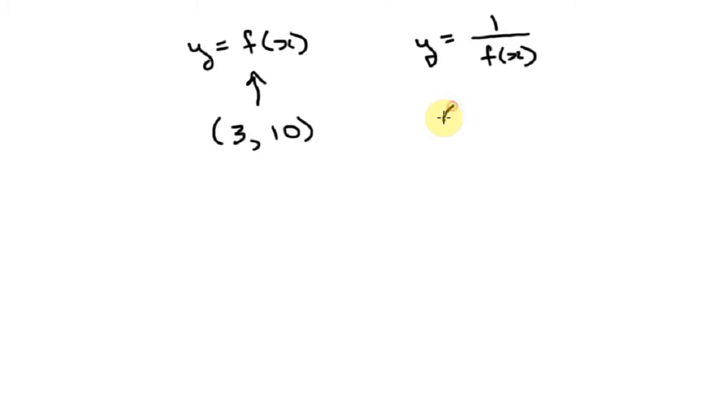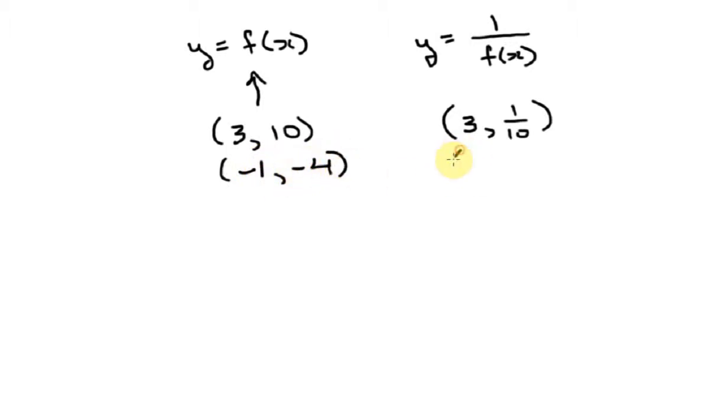Well, the way it would look is when x is 3, you're now going to take this y value and you're going to do this to it. You're going to flip it over. So the y value would become 1 over 10. And that's what basically would happen to all the points. If you had a point over here, maybe you had, say, (-1, -4).